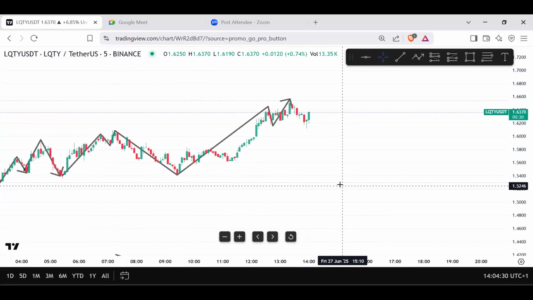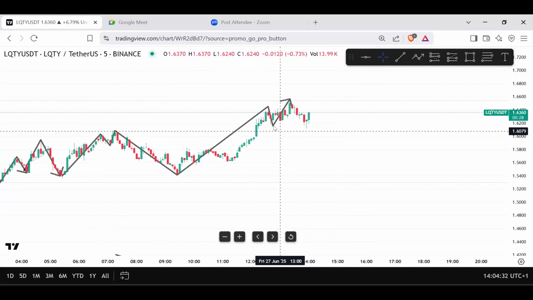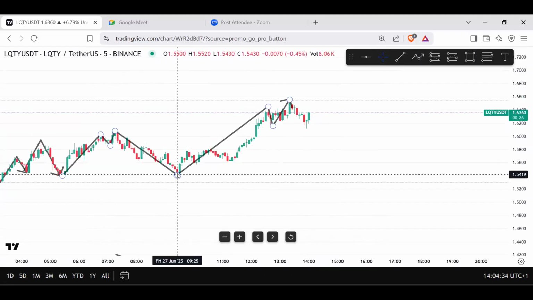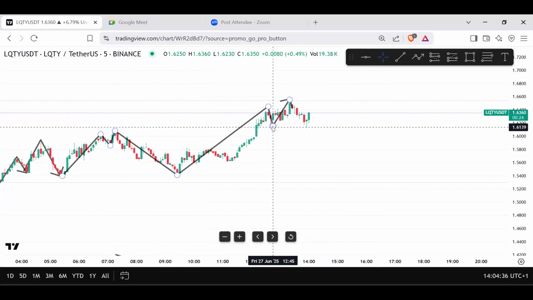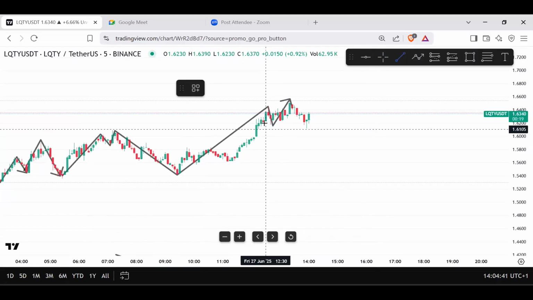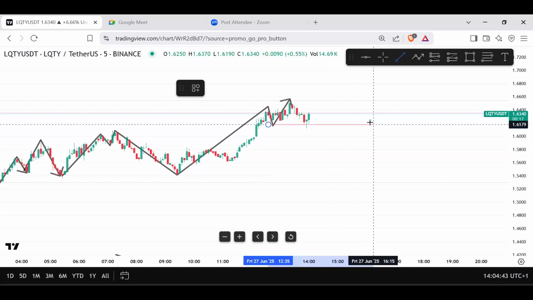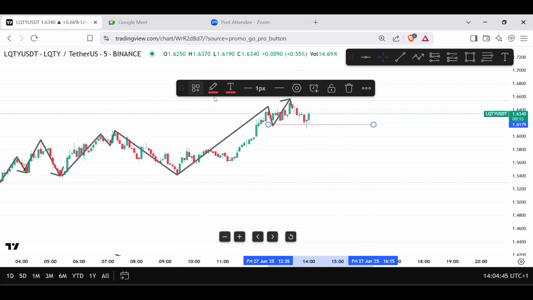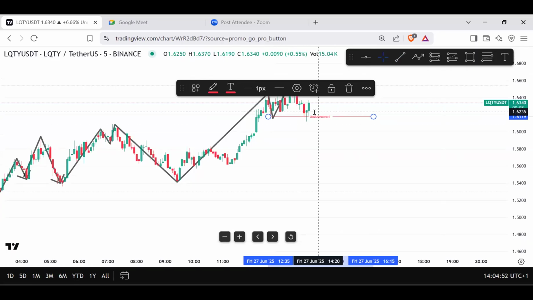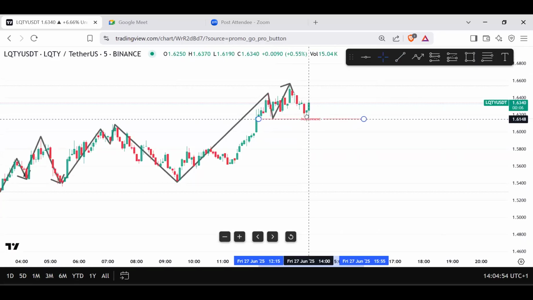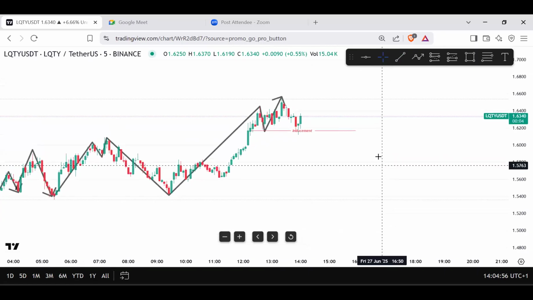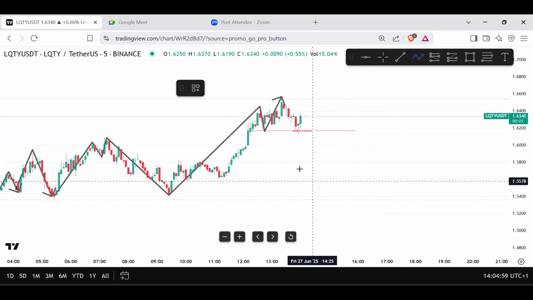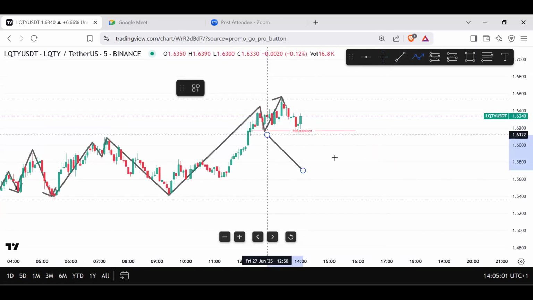Where's our inducement? The last valid pullback, the last point. That one. This is our inducement right here. That is how we know inducement.